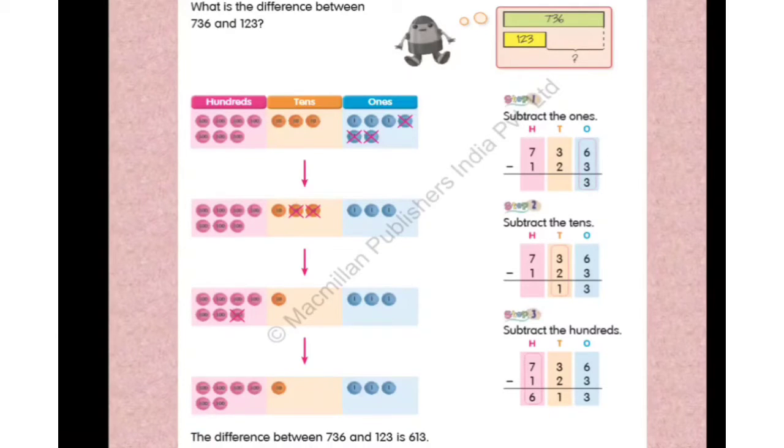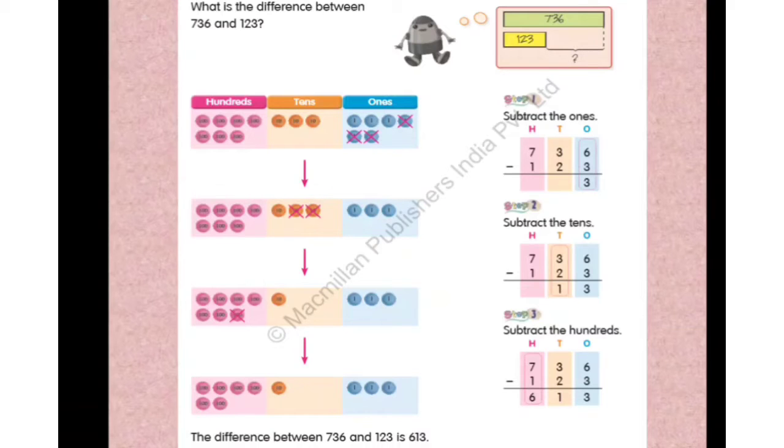Whenever we start our operation, we start from the right-hand side, the ones place. So 6 minus 3: from the 6 ones we cut 3. How many are left? We have 3.